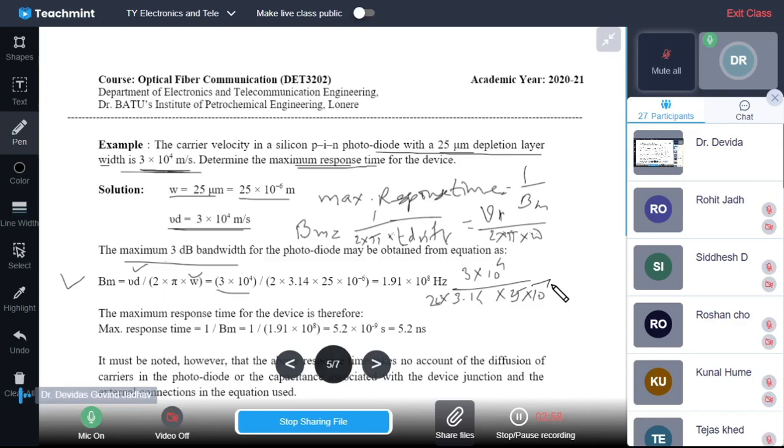This 10 raised to minus 6, when it goes to the numerator, becomes 10 raised to plus 6. So 10 raised to 4 into 10 raised to 6 is 10 raised to 10, and then you can solve 3 divided by 2 into 3.14 into 25.